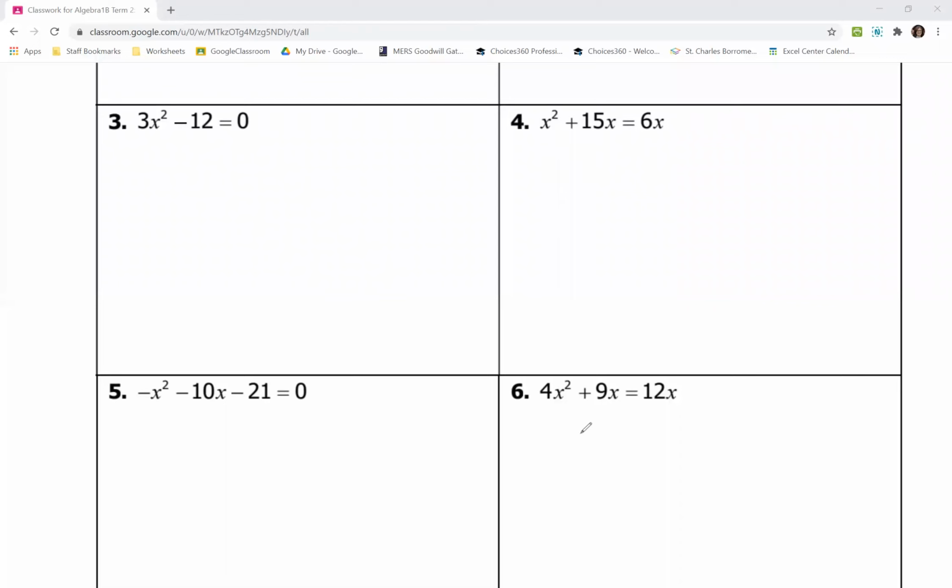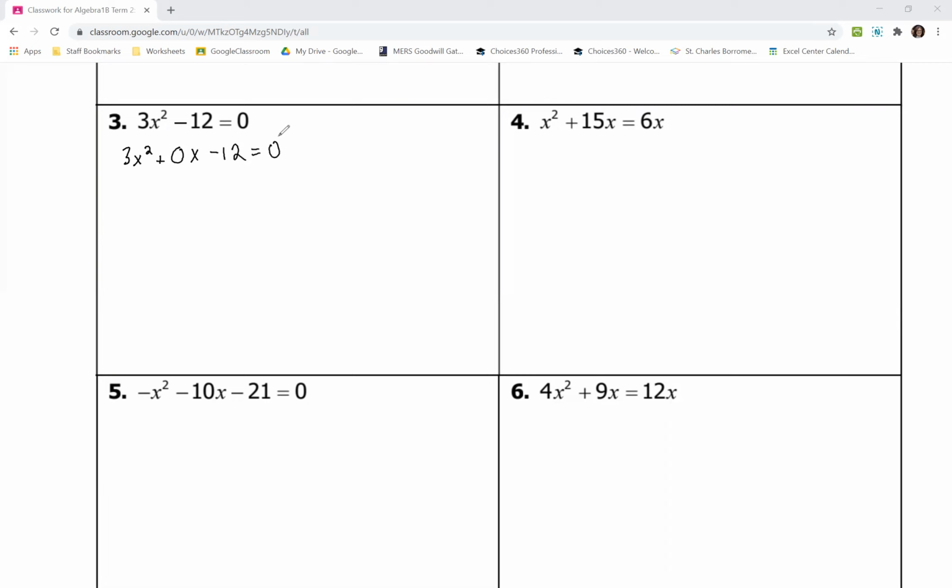Okay, so let's look at number three. This one's written a little bit differently. If you notice, I have my x squared term and my constant term, but where is that x term? Okay, well, think about this, guys. Could I say 3x squared plus 0x minus 12 equals 0?